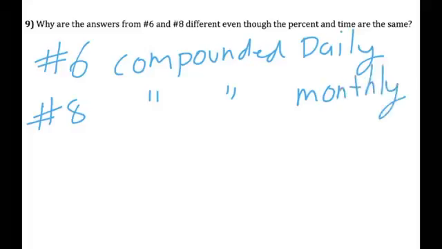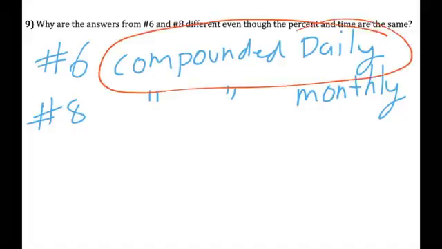And remember, the more you compound, the more interest you're going to accrue. The percent and time are exactly the same. If I increase the amount that is compounded, that's going to give me more interest. So if I compound daily, I'm going to have more interest than if I compound monthly.